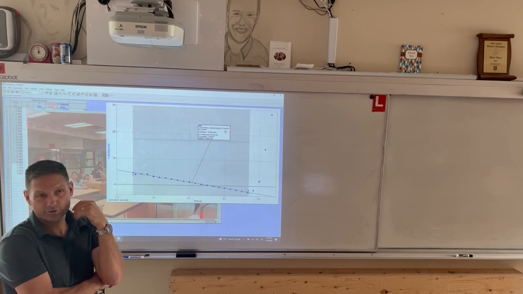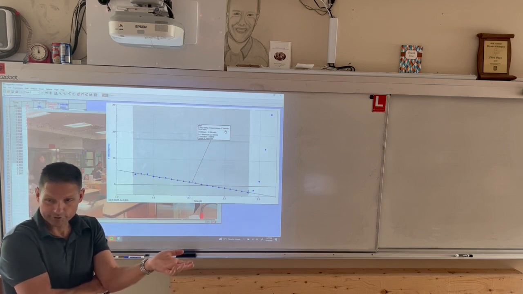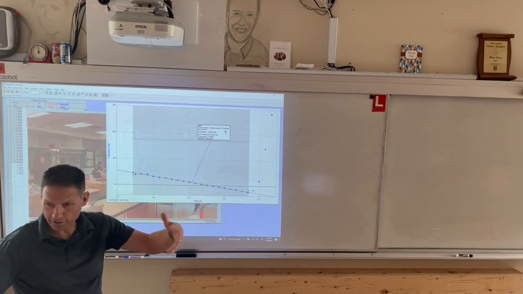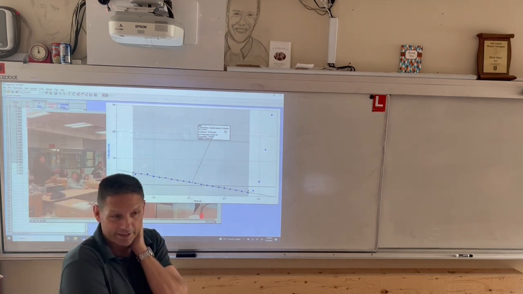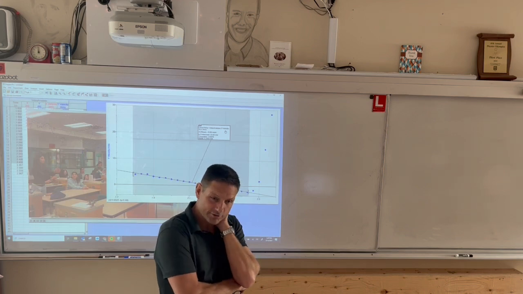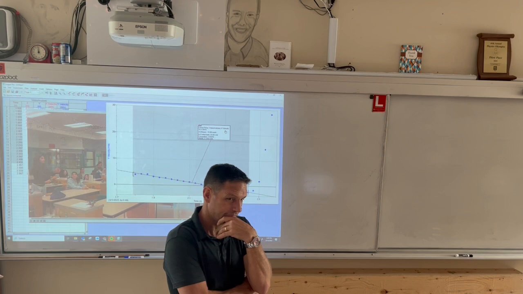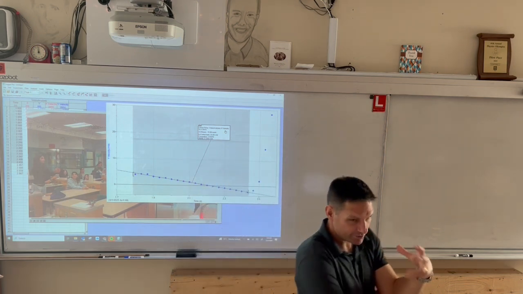You can hook a voltage sensor to a solar panel, and you can see how that voltage changes as you move a light closer and farther away or something like that. We have magnetic field sensors, and we have motion sensors, and we have sound sensors. So there's a bunch of stuff that you can collect data with and then graph it. So there's lots of ways for you to do a design lab.